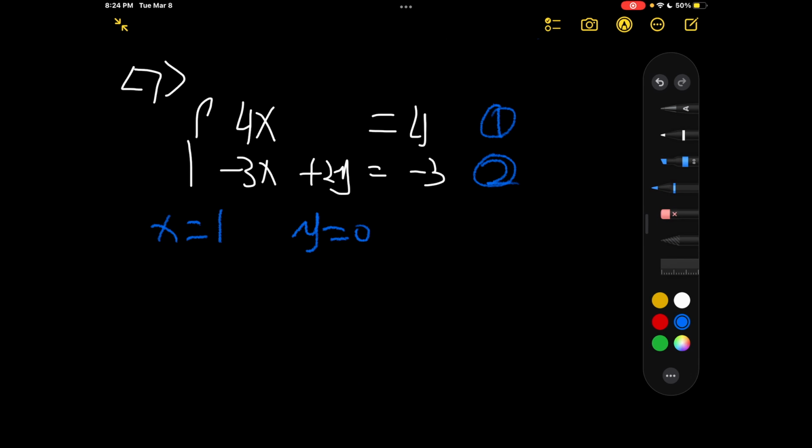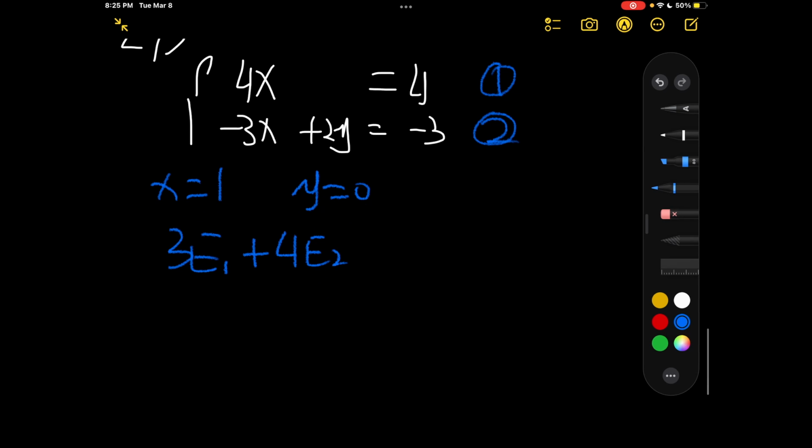So we do what we are told, which is the elimination method. What I try to eliminate is the x in equation 2. The common multiple of the x coefficients in equations 1 and 2 will be 12, so they can cancel out each other. So that's 3 equation 1 plus 4 equation 2. 3 equation 1 is going to be 12x equals 12, and 4 equation 2 gives -12x, so they cancel out.